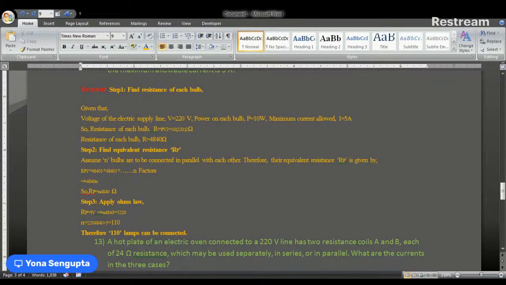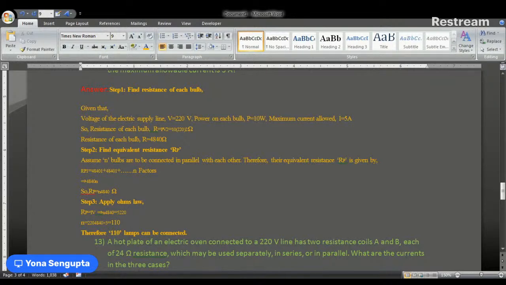So let us assume n as the number of bulbs that are to be connected in parallel with each other. Therefore, their equivalent resistance can be given by 1 by R equals 1 by 4840 plus 1 by 4840 plus so on, n terms.